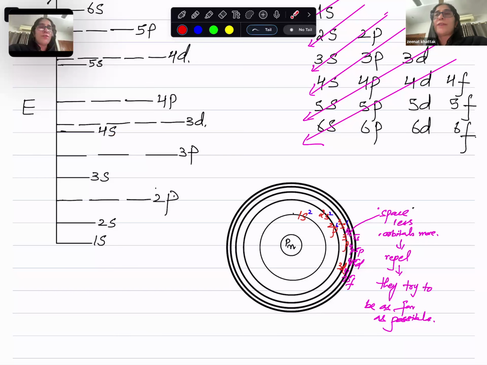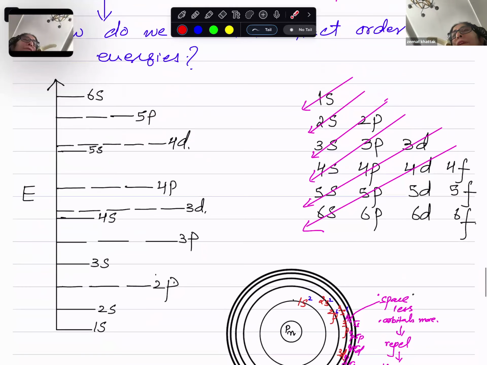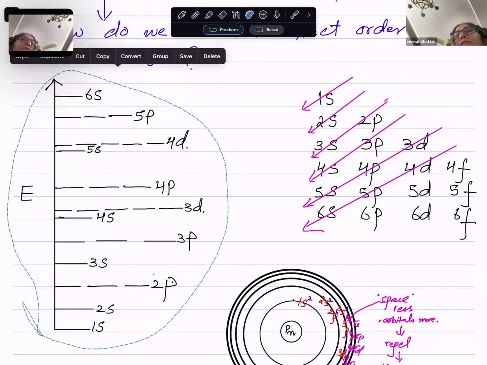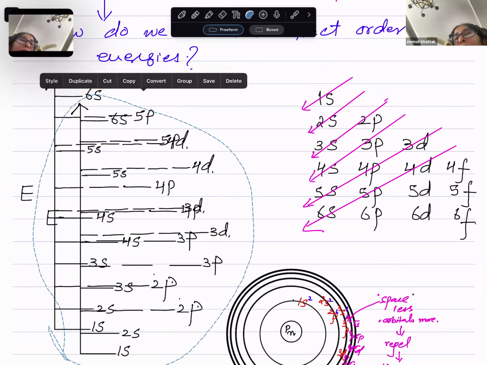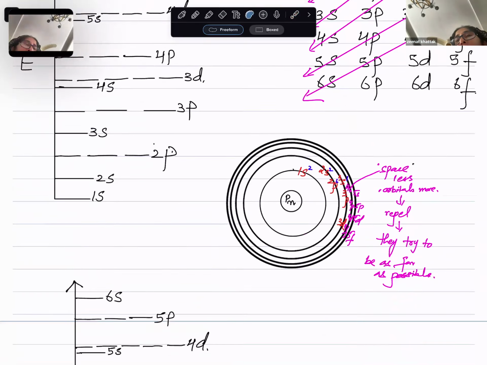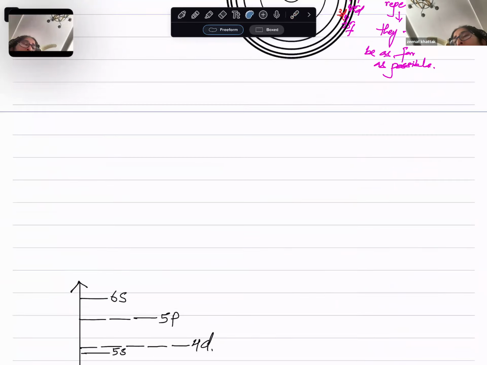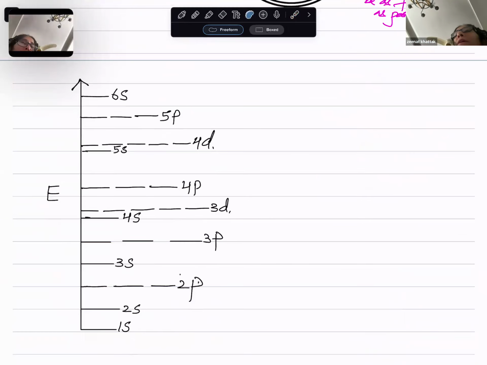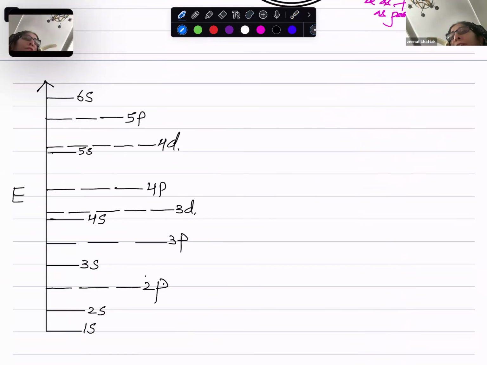Right? Now, next thing. If I apply this filling on an element, how actually does it happen? It happens this way. Wait a minute. I'm using this. Suppose, look, it's chlorine, right? Chlorine, 17.